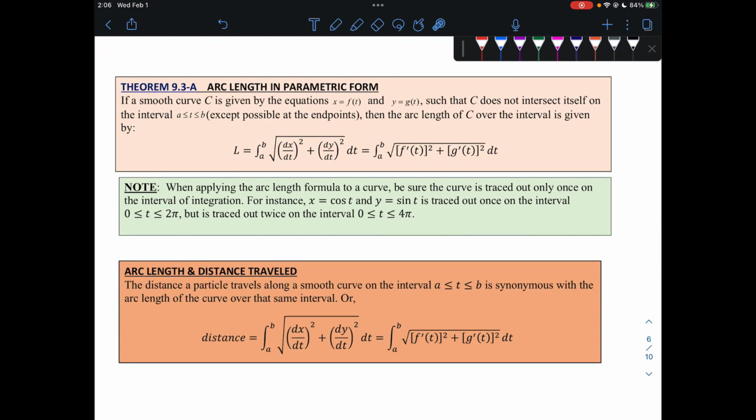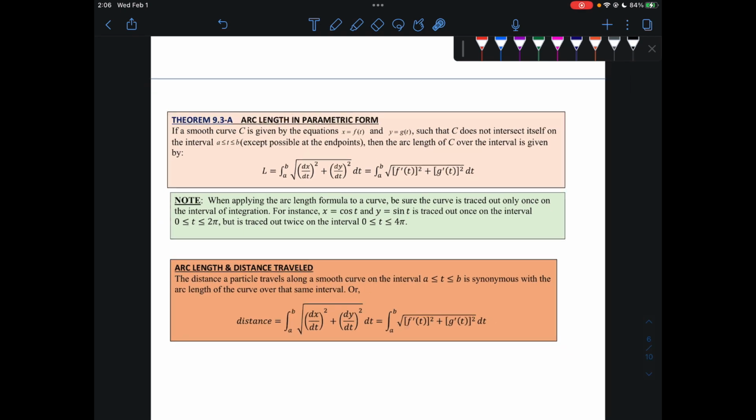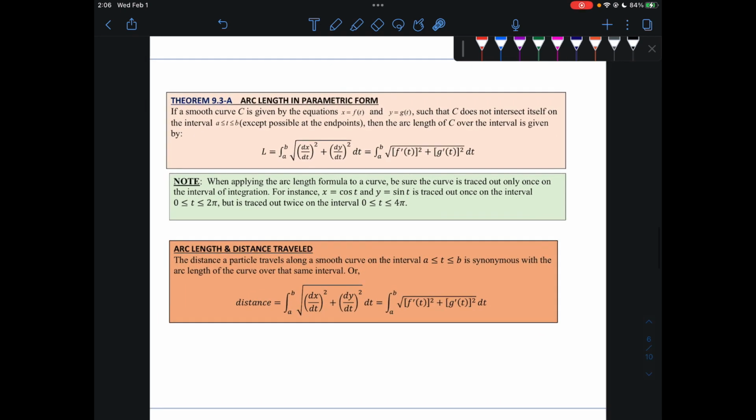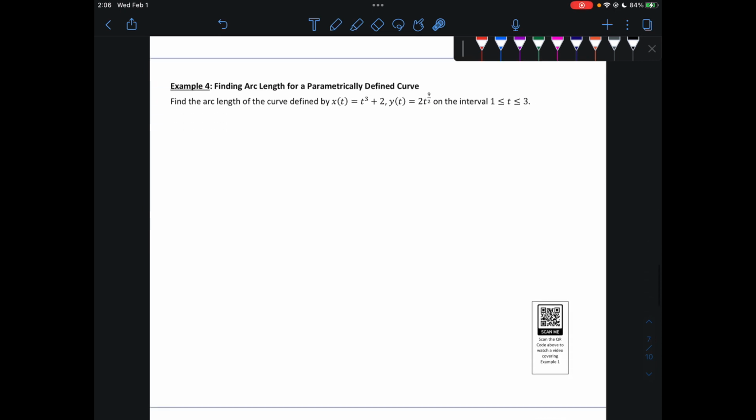Distance traveled is the same thing: if you're talking about arc length, you're talking about the distance a particle would travel on the arc, so it's the same formula. If the question says arc length or distance traveled, know that it's asking the same question. So let's move on to some practice problems.